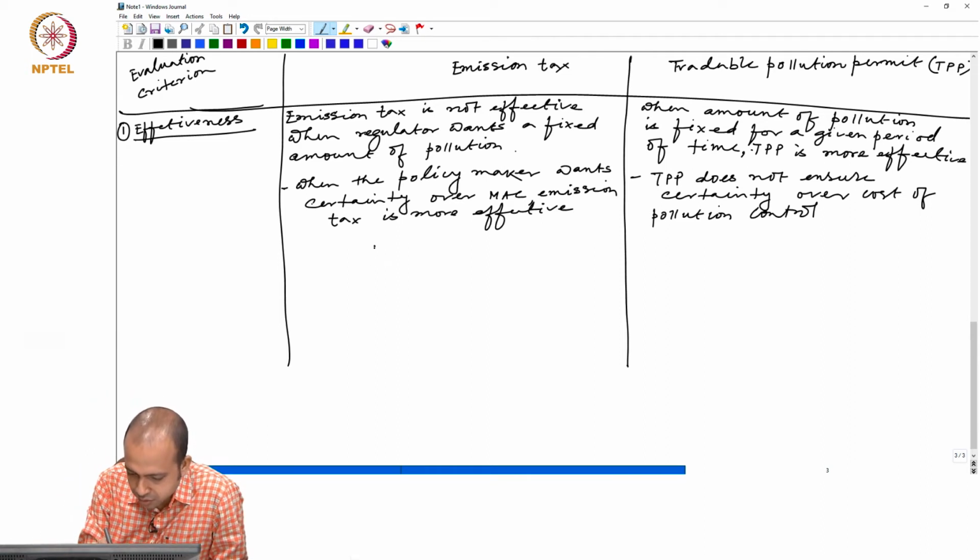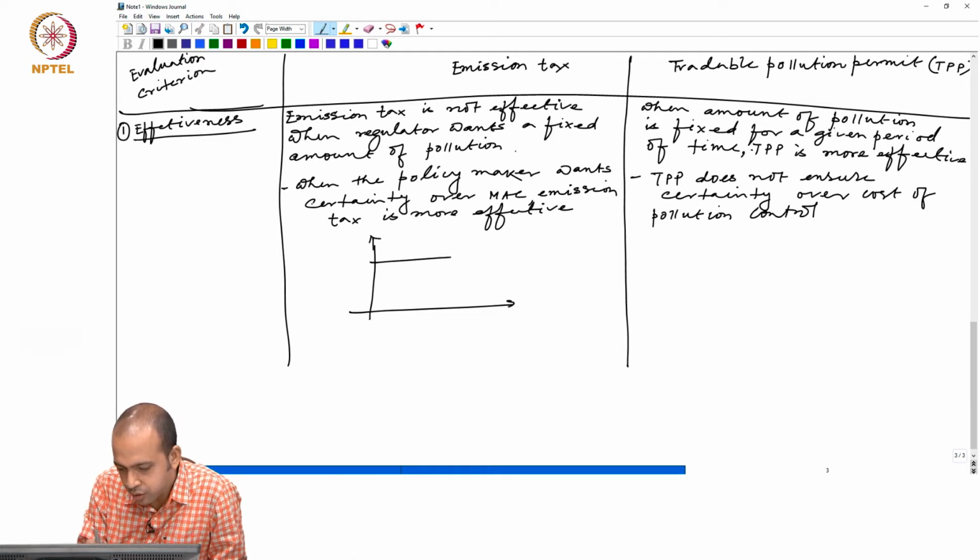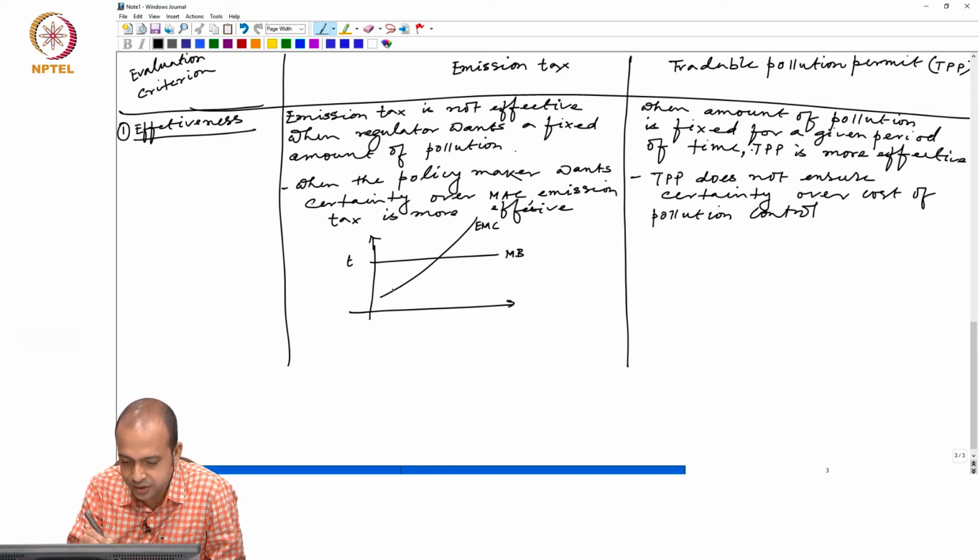And we have also discussed alternative scenarios. If you remember, when the marginal benefit is known but marginal cost is unknown, then the pollution tax is more effective, because even if the cost is higher or lower, at each point T equals MC equals MB is achieved.